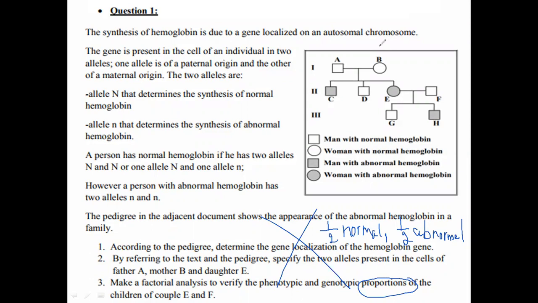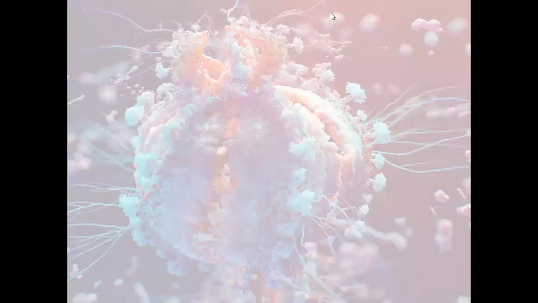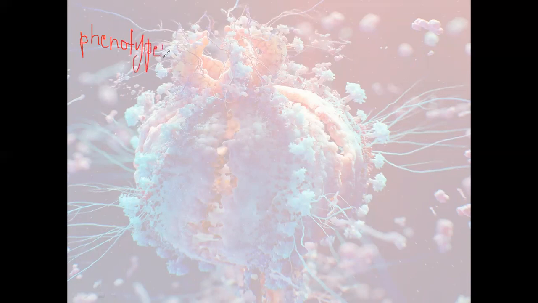Here, individuals E and F. E is the affected individual. So E is affected, the female is abnormal, while the male is normal. So let's move to do the factorial analysis. As usual, you have to start with the phenotype, male and female.